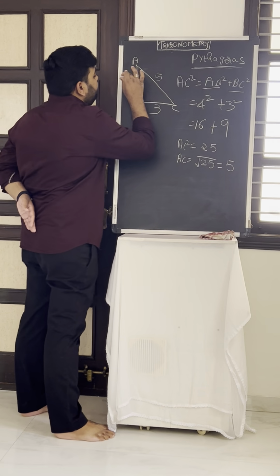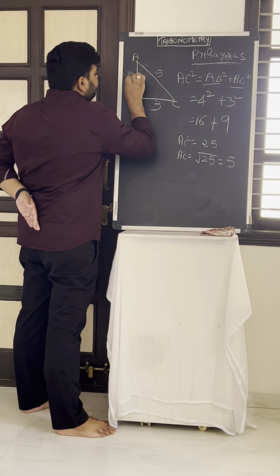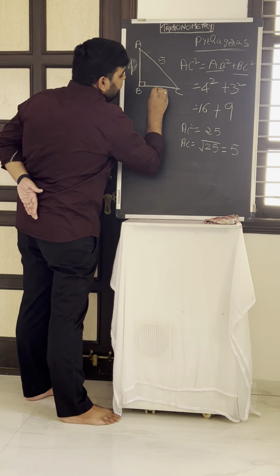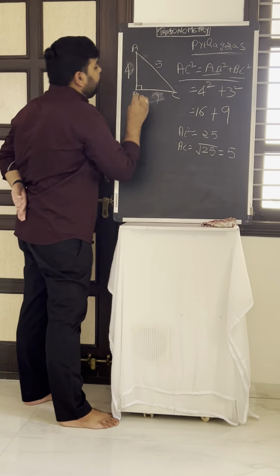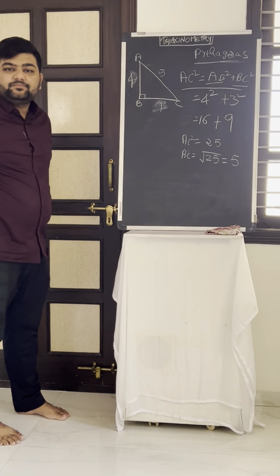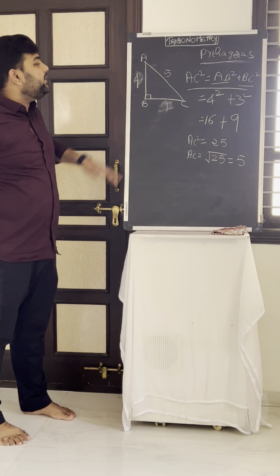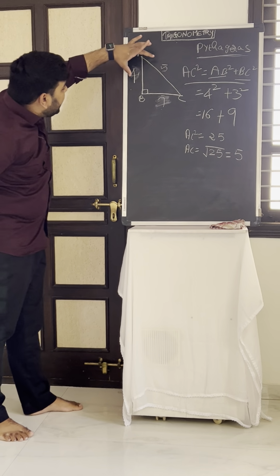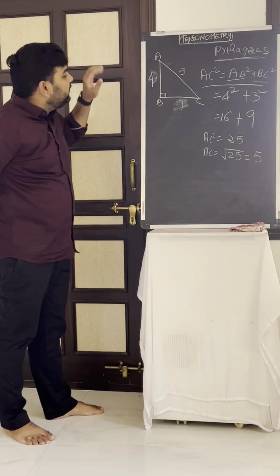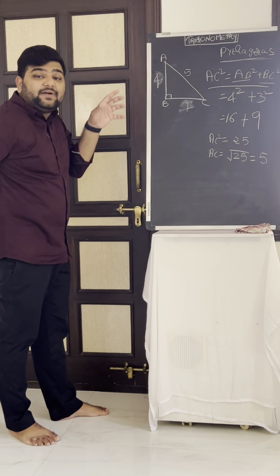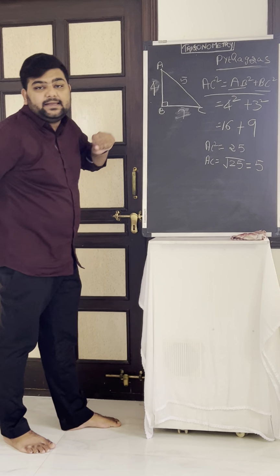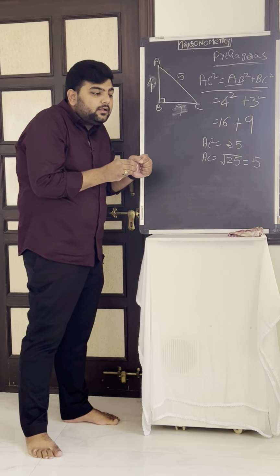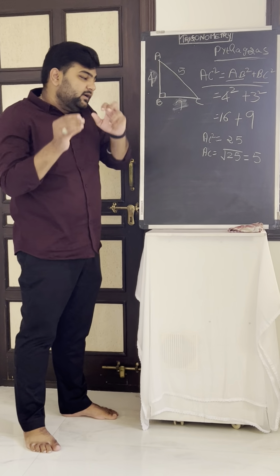Similarly, if I have the value of AB and AC and I didn't have the value of BC, then I should apply the Pythagoras theorem and I will find the value of BC. So what we are doing in this process is using the value of sides to find the value of another side.